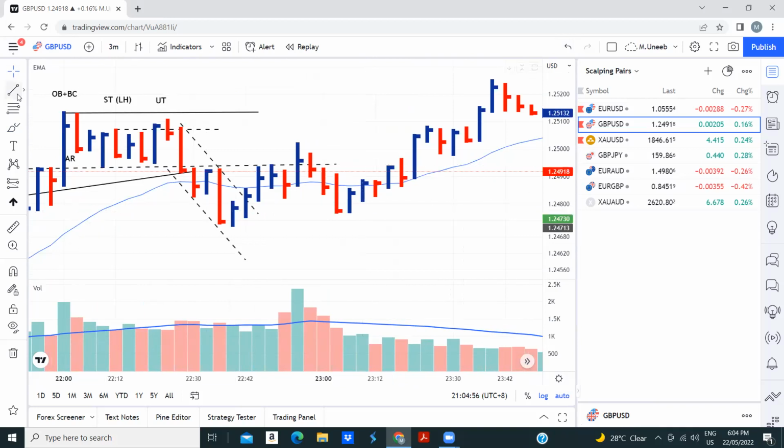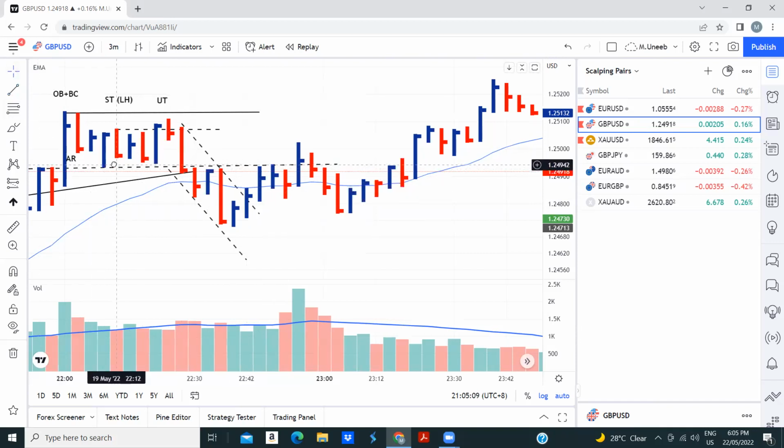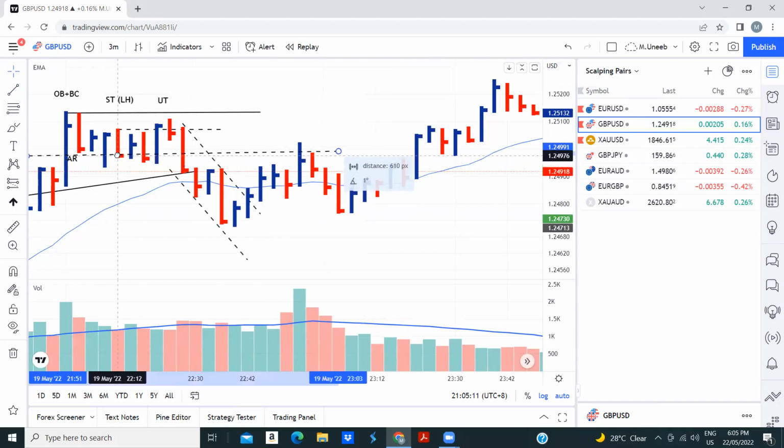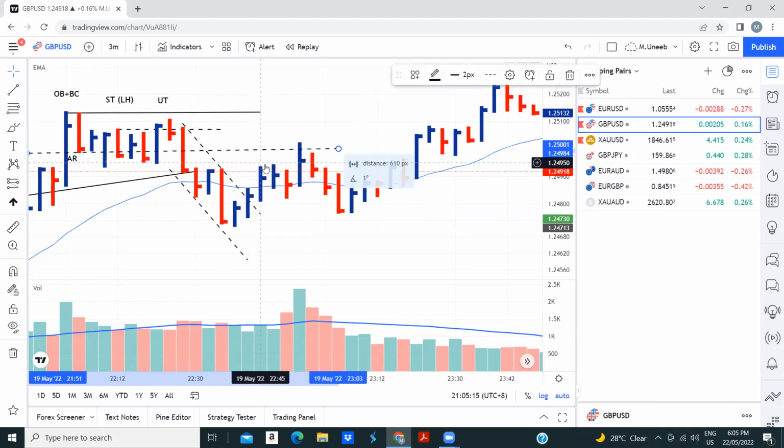Now, what happened? Before we went up, we see that the price is just normal, average. It goes up and tests this AR line. AR was right over here. It tests the AR line and goes up. But what do we notice here?